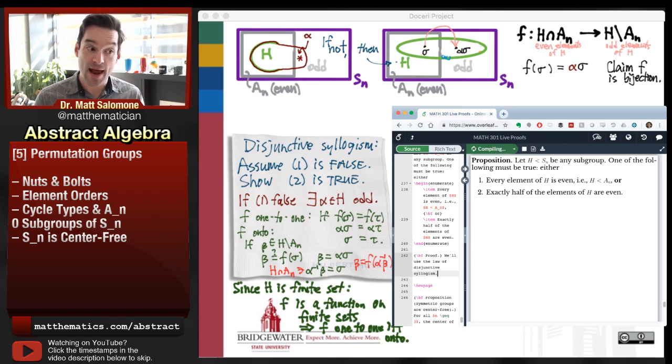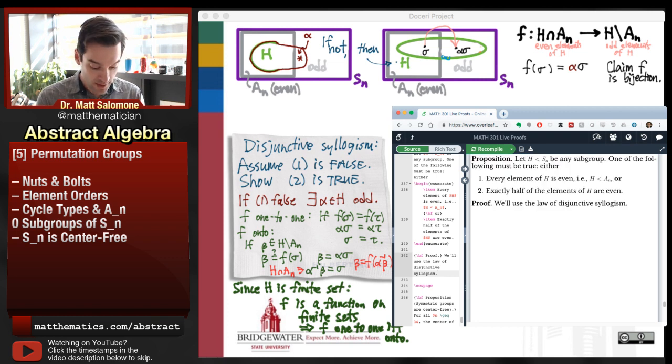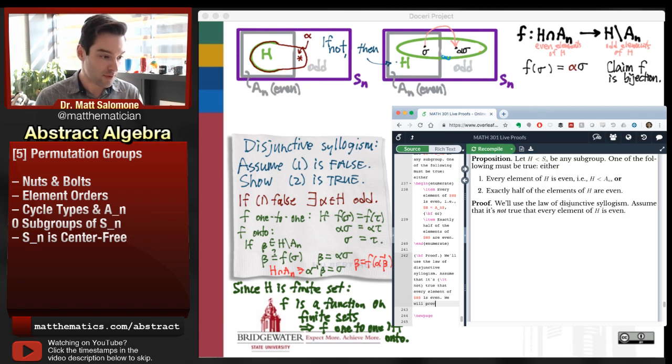So I just want to write that at the outset of my proof, just to signal to the reader that what we're going to do here is assume that it's not the case. Assume that it's not true that every element of H is even. Right? So we will prove that then exactly half of the elements of H are even.